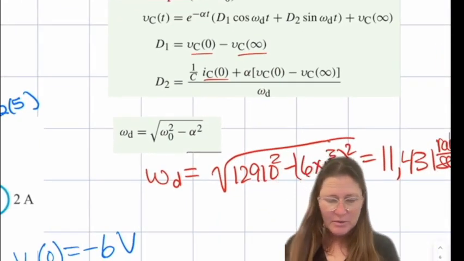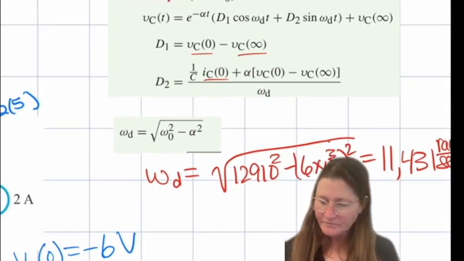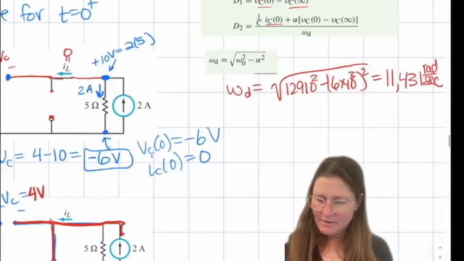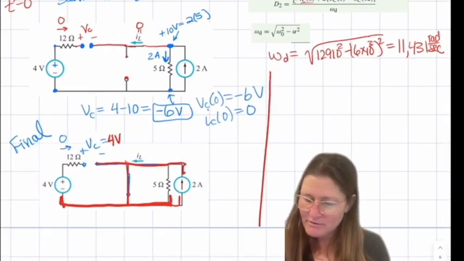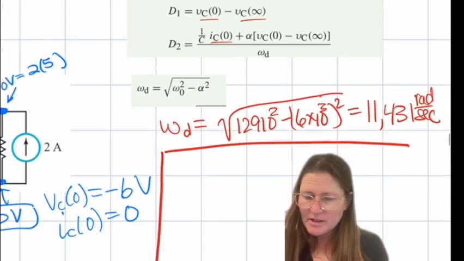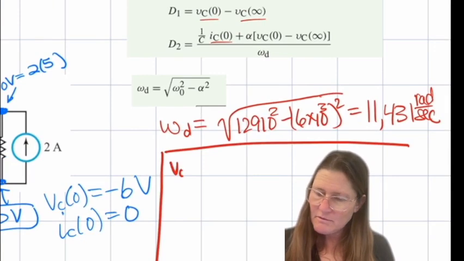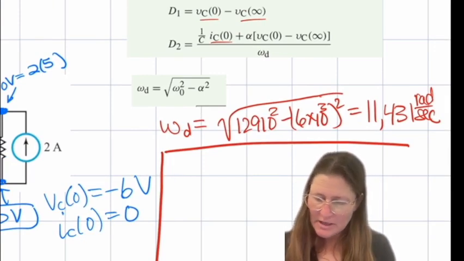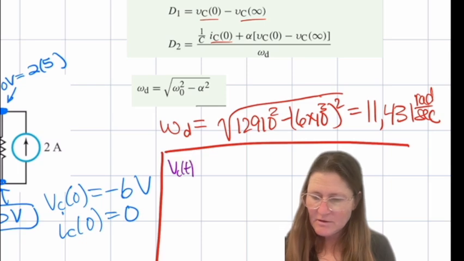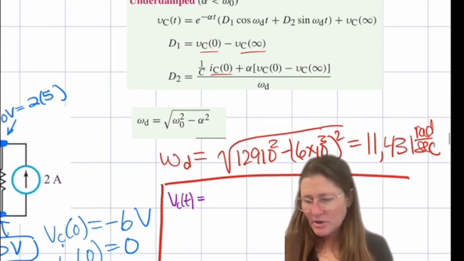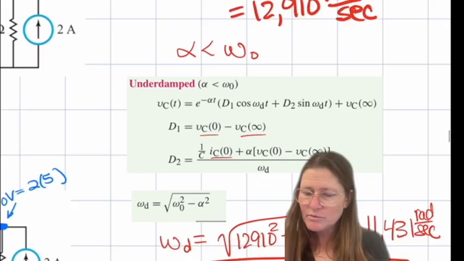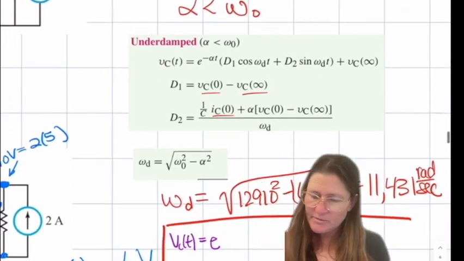So this will be 4 volts. So I can then plug this in. Write it here. So VC of t, e to the minus alpha, which was 6 times 10 to the third.